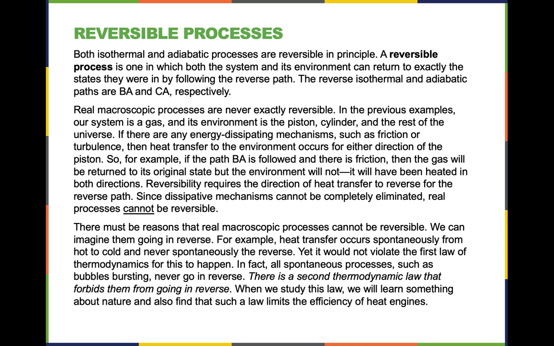So, for example, if the path BA is followed and there is friction, then the gas will be returned to its original state, but the environment will not. It will have been heated in both directions. Reversibility requires the direction of heat transfer to reverse for that reverse path. Since dissipative mechanisms cannot be completely eliminated, real processes cannot be reversible.